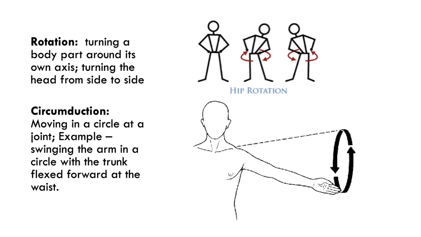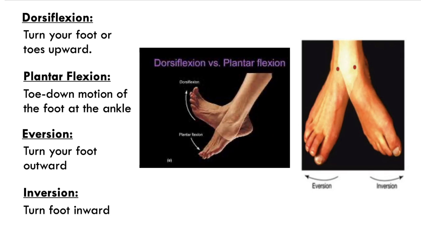Then we have rotation. Rotation is just turning around an axis. So we have a hip rotation, maybe even a head rotation, turning it side to side. We already talked about a pivot joint, that's your rotation. Then we have circumduction, which refers to moving in a circle, a specific type of flexion.